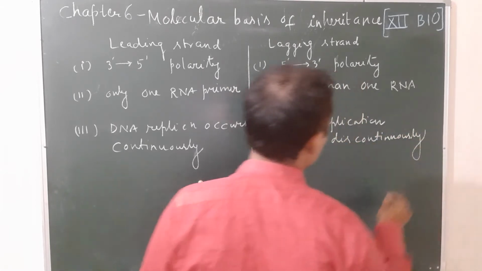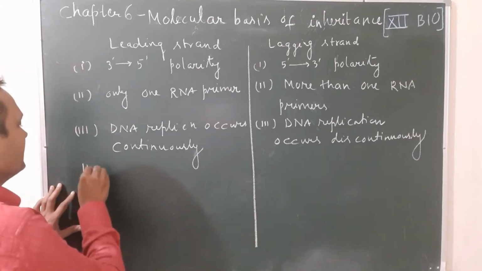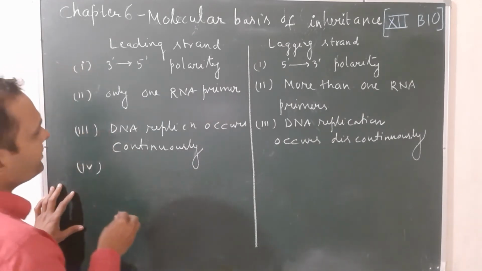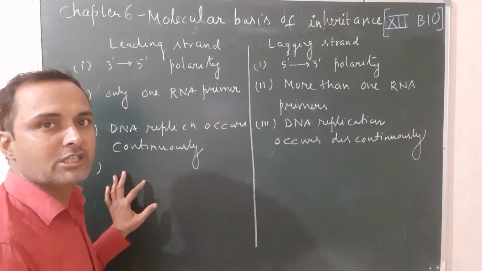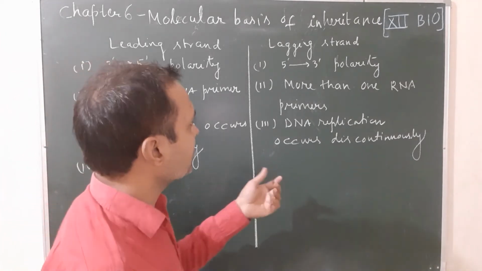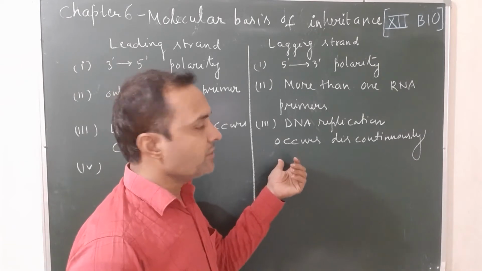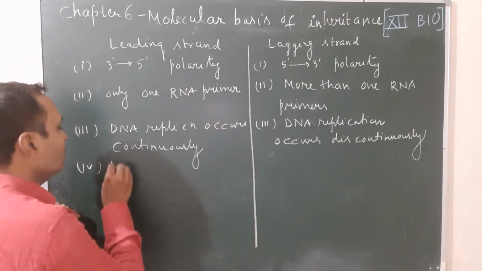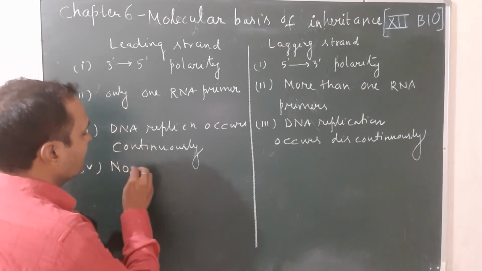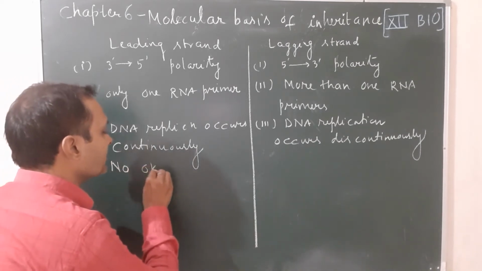And the fourth and last difference: Okazaki fragments are not produced on the leading strand because synthesis takes place continuously, and Okazaki fragments are produced on the lagging strand because synthesis takes place discontinuously.